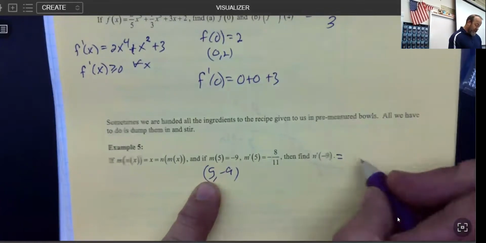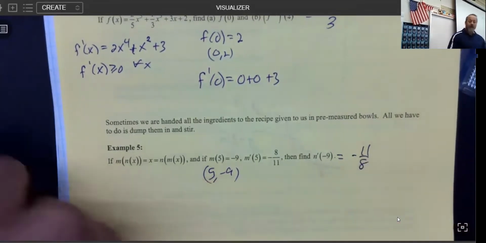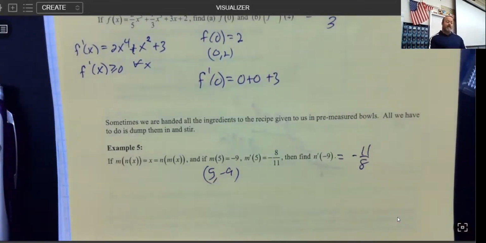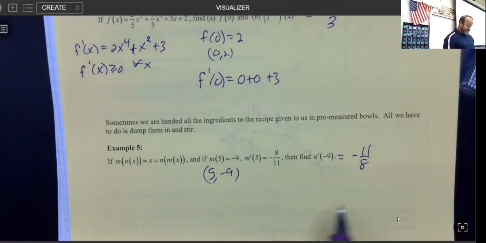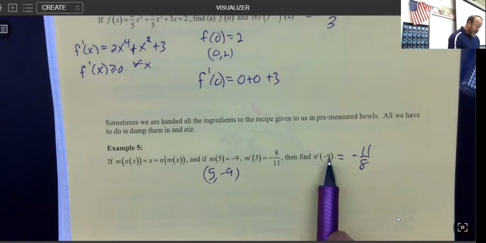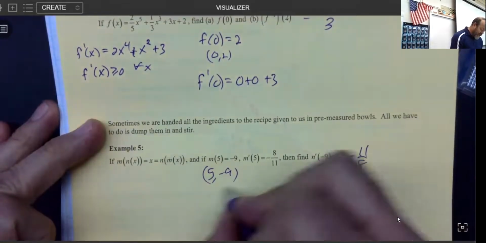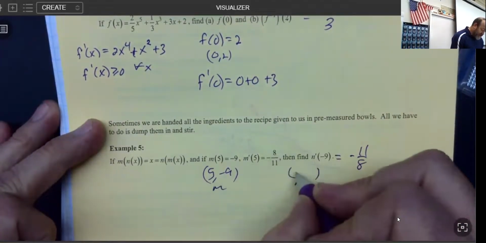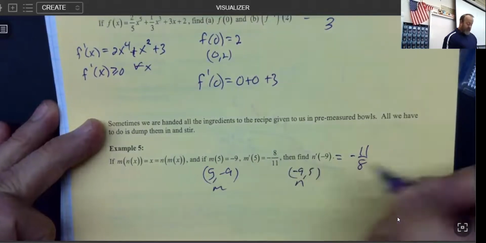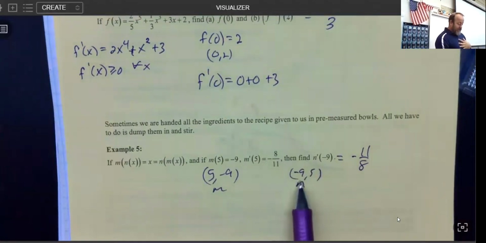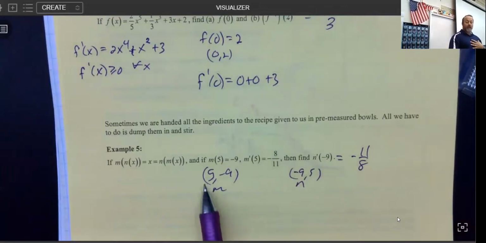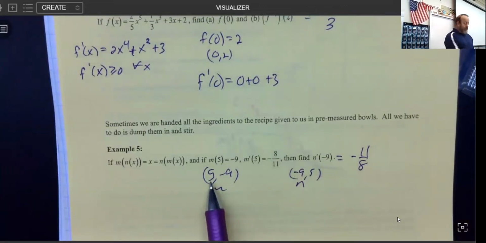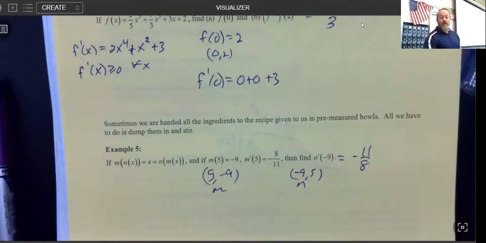So this would be negative 11/8, because remember that the derivative of an inverse function is simply the reciprocal of the derivative of the original function, but you have to switch from the range of the one. Because this is m, n would have the point (-9, 5). So if I'm asking about n at negative 9, then I have to look over here at the original function at 5. And that'll be the end of video number 1.